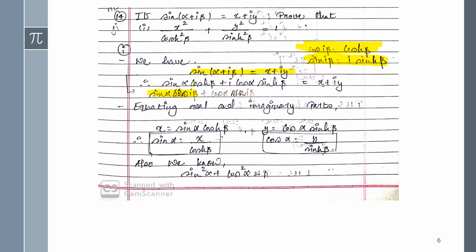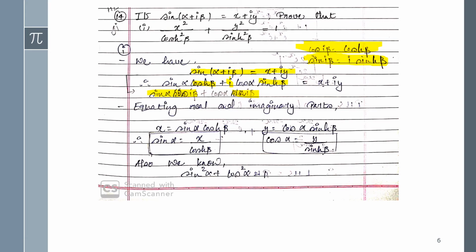So I have written here cosh beta, and here we are getting cos alpha into sin i beta, and in place of sin i beta we can apply i sinh beta. So here I have written i sinh beta. Now I hope you all understood, guys.